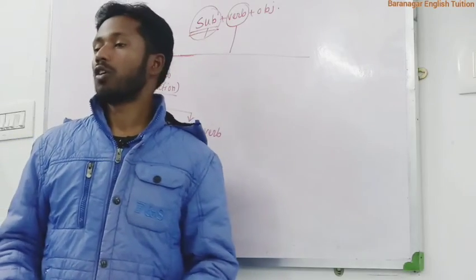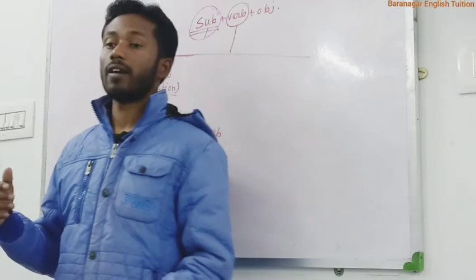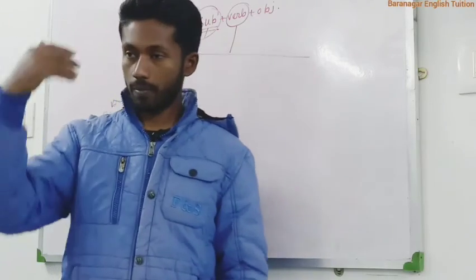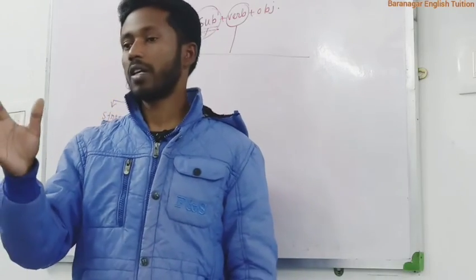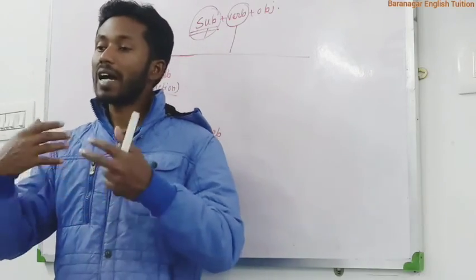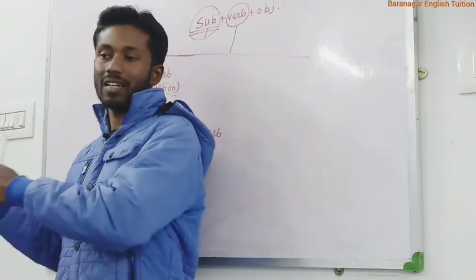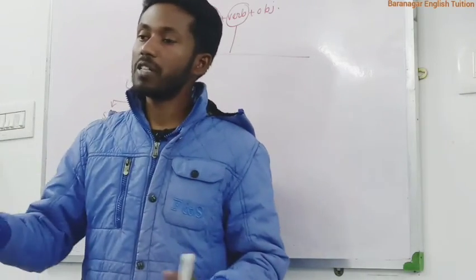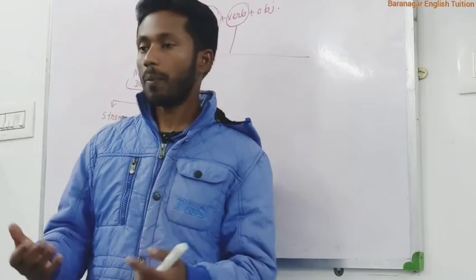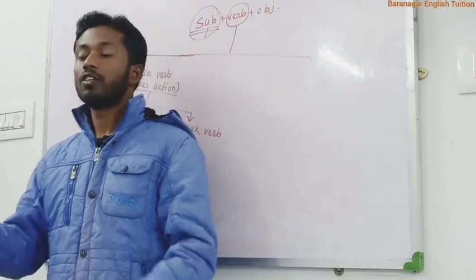Like strong verbs. Suppose I'm saying stand up. I'm not saying you, I'm just saying stand up. When I'm saying stand up, it means I am telling you to stand up. I'm not needing anything else, but using stand up makes proper sense. Go away is another strong verb.